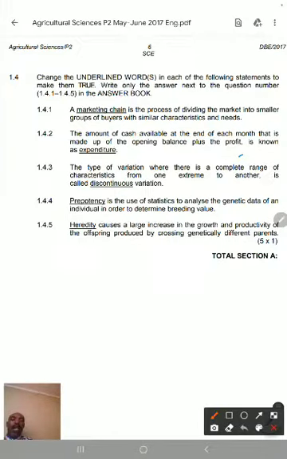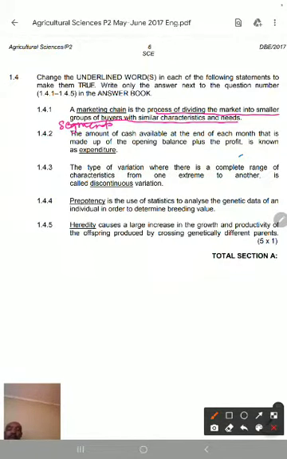They are asking about the process of dividing a market into smaller groups of buyers with similar characteristics and needs. If you are a marketer, you need to know your buyers, do research, and you find that you can group your buyers into smaller segments.